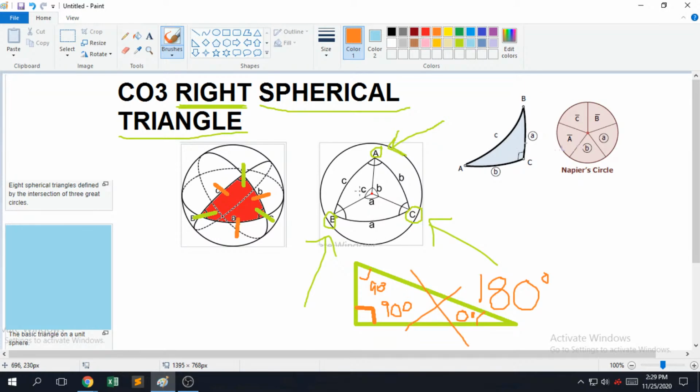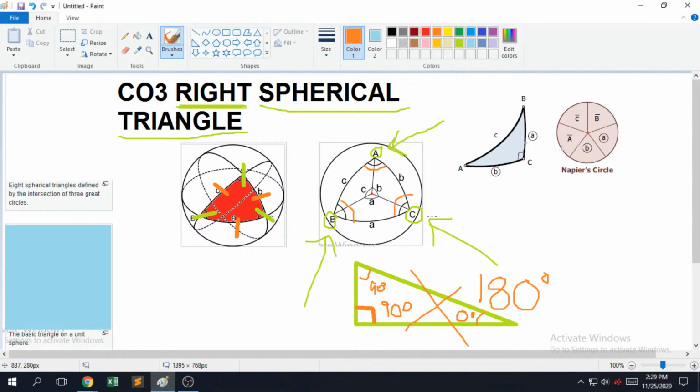For a spherical triangle, it's possible to have two 90 or even three 90-degree angles, because the triangle is curved, so the angles are more split, the opening is wider. It's possible that, for example, angle B is 90, angle A is 90, angle C is 90.